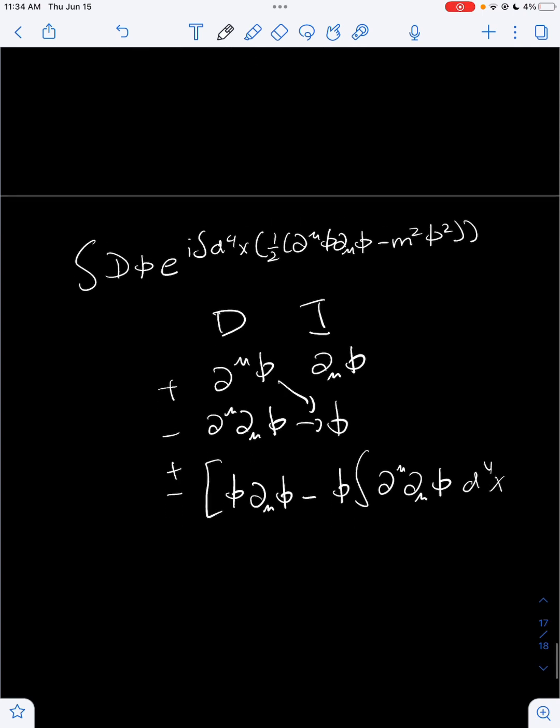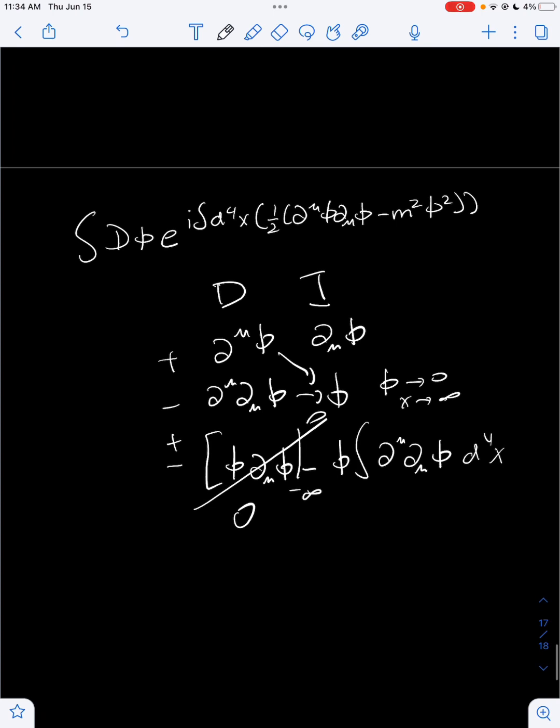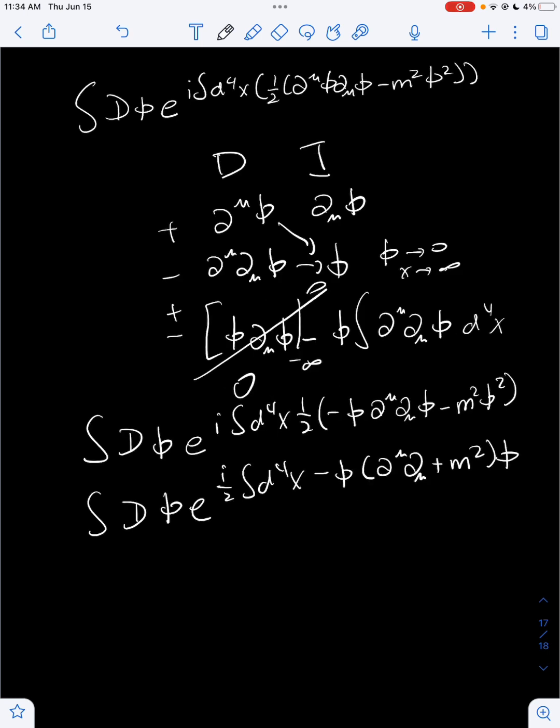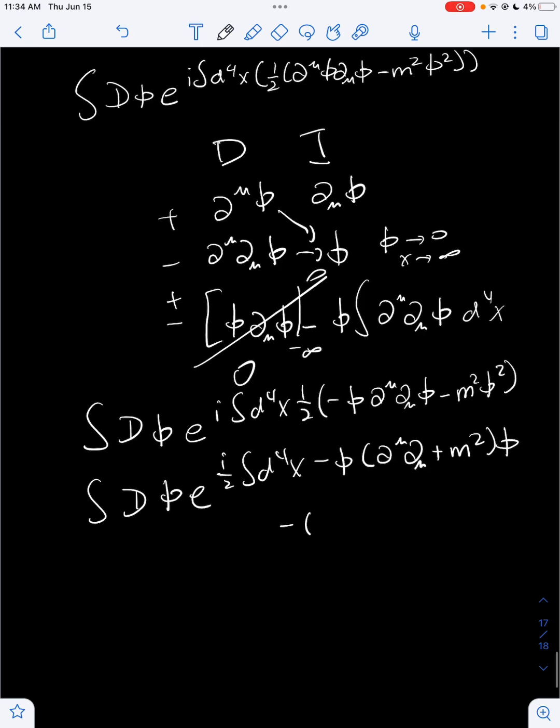Then we have to integrate this as well over the volume, but we assume that this goes to 0 if phi approaches 0 as x approaches infinity. So then this field integral just comes down to the field integral of e to the i, and we can call minus partial mu squared plus m squared.